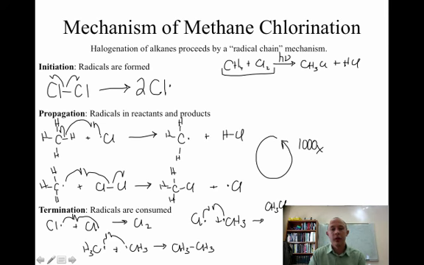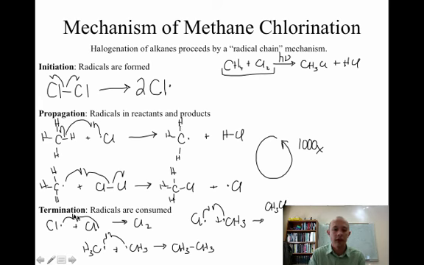So to summarize, an initiation step, usually there's only going to be one initiation step, and that's where radicals are formed. You want to break the weakest bond. The propagation step, you start with radicals and you end with radicals. So radicals are in the reactants and the products, and these propagation steps together can happen over and over again. That's why it's called a radical chain mechanism. Once we've consumed all our starting material, these radicals can react with one another.